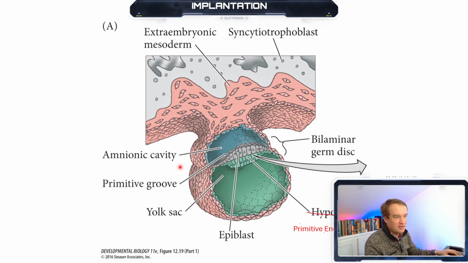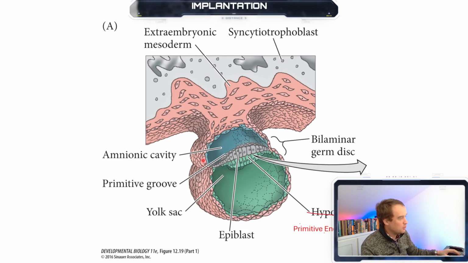Do we want to cover this now? This is kind of a product of me changing the order of these lectures. I think we're going to skip this for right now, and we'll come back to it when we talk about gastrulation, because some of these things, like the primitive groove and things of that nature, you haven't been exposed to yet.